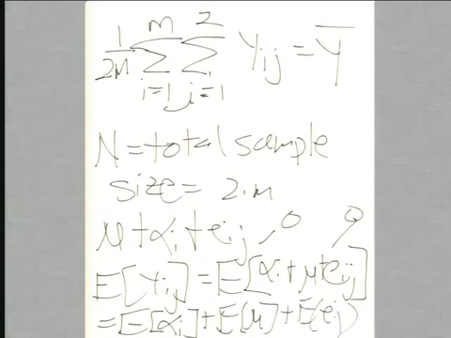These are all the rules of expectations. The expectation of a sum is the sum of the expectations. So the mean of a sum is the sum of the means. Now I know that this is 0 here, and that's 0, and the expectation of a constant is just the constant. If I take a sample average of 5, I get 5, right? So when I do all that, which is the proof necessary to know what is the mean of yij, I get that the mean of yij is equal to mu.